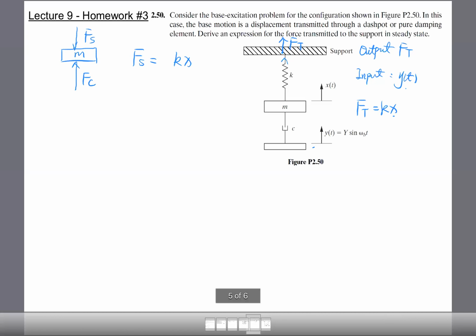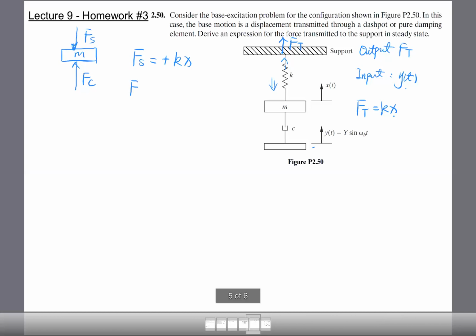That all depends on the direction you define. Because we define the positive direction to be pointed downward, and if you look at this system, when your x is increasing, we actually have more force pushing it down. So this should be positive.